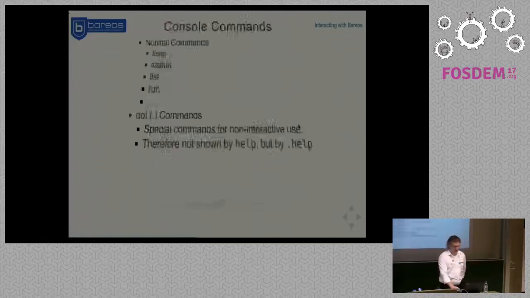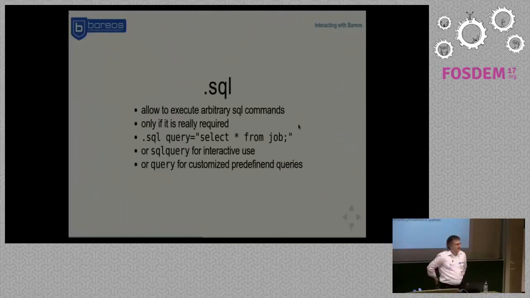Normally you should be able to get all the information you require by the list command, but if this is not the case, you can also specify arbitrary SQL commands to execute. Of course, you could also directly connect to the database, but here you already have the authentication to the database and don't have to care what type of database you are using.